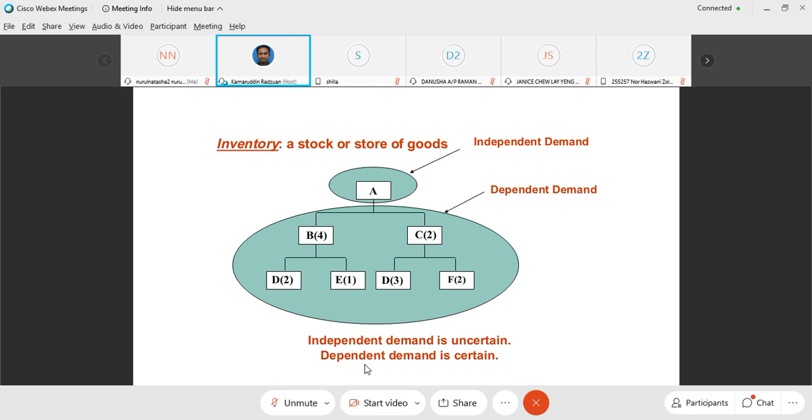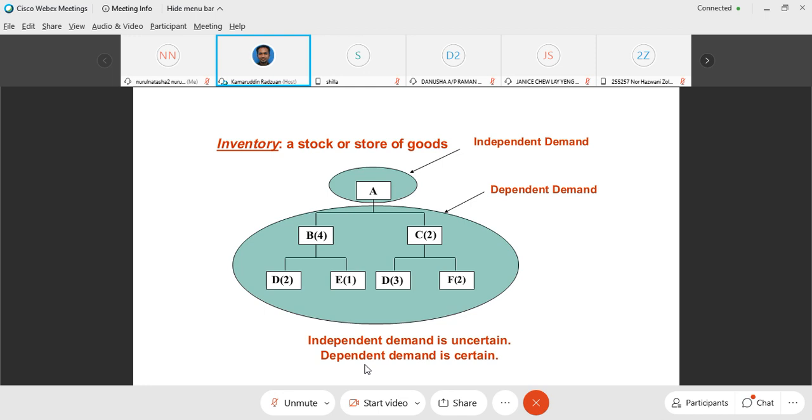In order to do the planning for the item, we need to develop the product structure tree to understand the relationship between component and the parent item here.